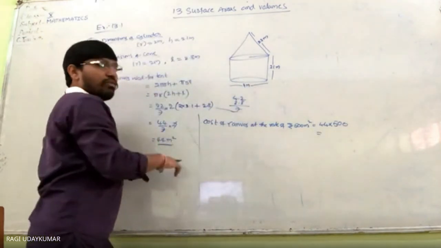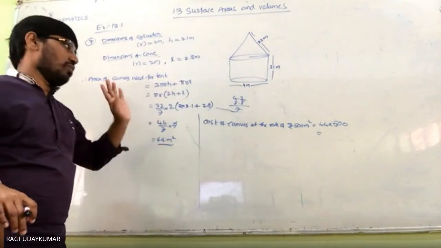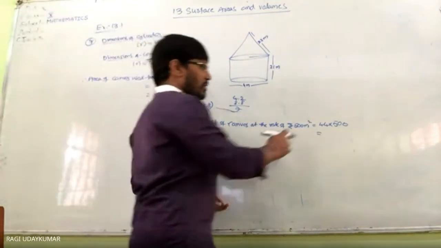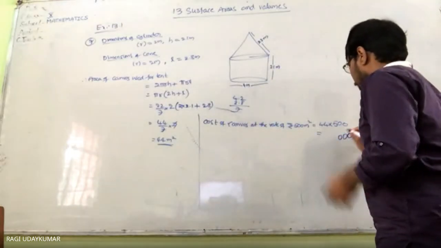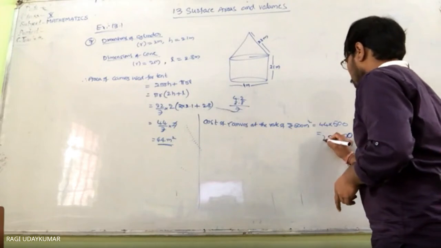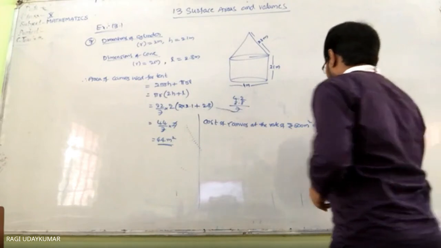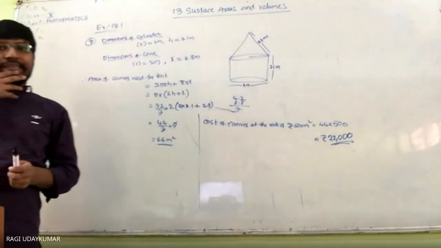Total area is 44 meters square. 44 into 500. So 5 4s are 20, 2 zeros, 2 carrying 5, 4s are 20, 22. So 22,000 rupees will become the total cost of making the tent.